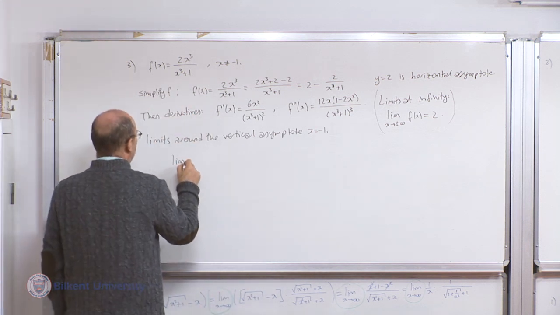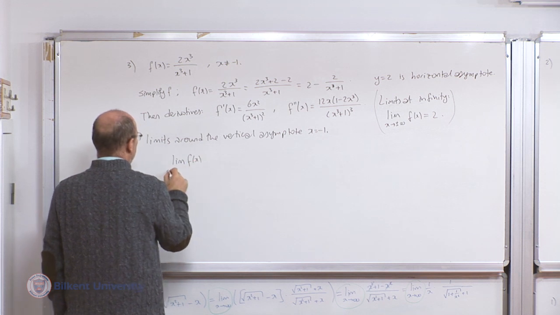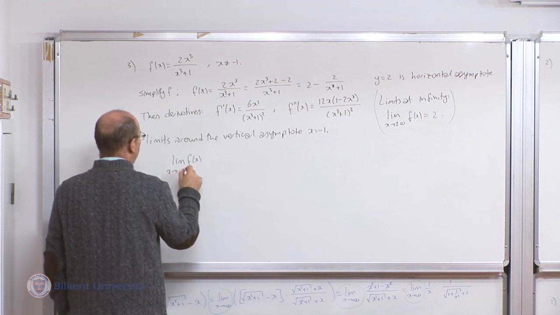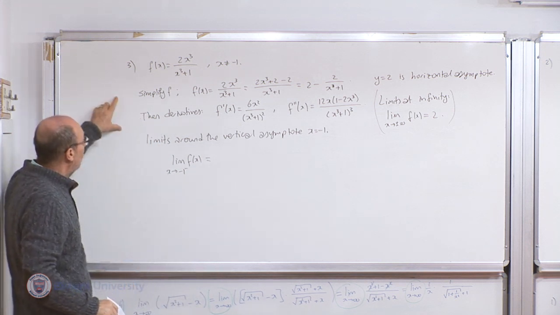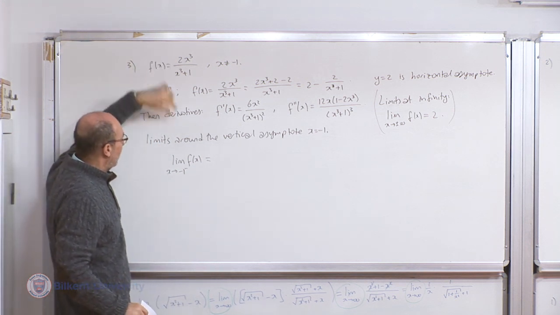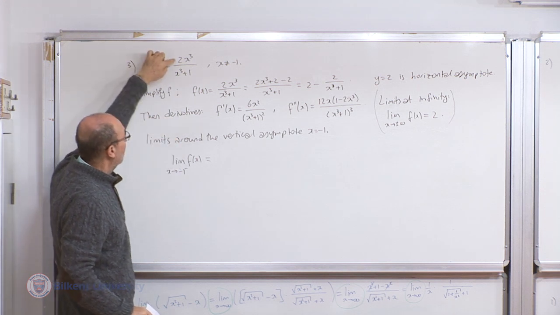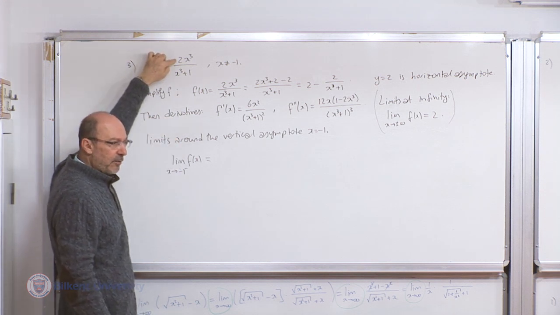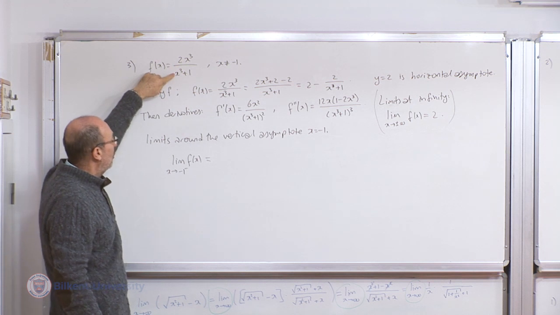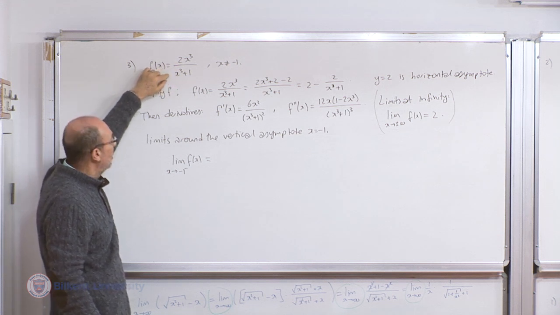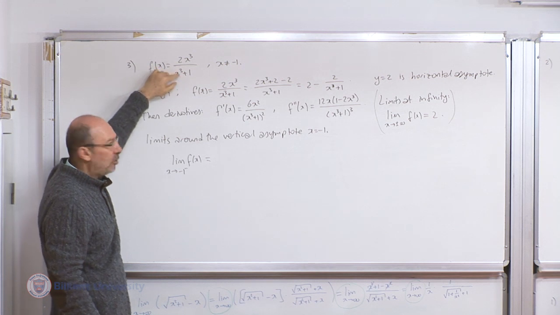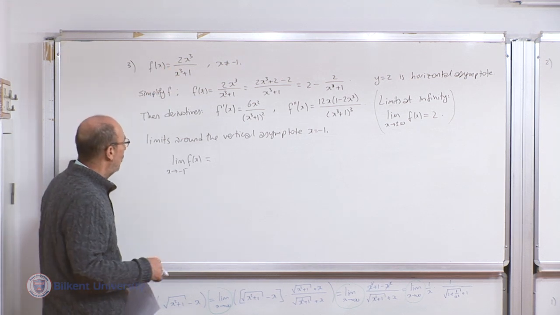So limit of f of x as x goes to minus 1 from below. If x is around minus 1, 2x cubed is negative. x cubed is negative, and x is less than minus 1, so its absolute value is larger than 1. So this is also negative. So negative over negative, this is positive.